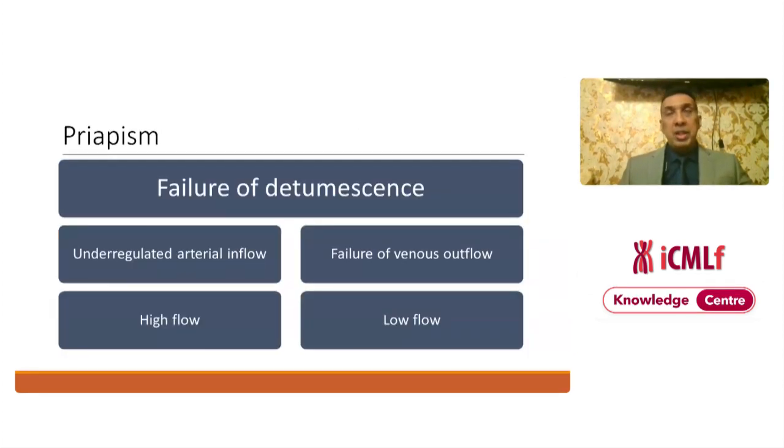So briefly, we are describing priapism as an erection that continues, and relaxation becomes very difficult, and we have illustrated that we have two types of priapism. If there is unregulated arterial inflow, this will lead to high flow priapism. And if there is a failure of venous outflow, this will lead to low flow priapism.